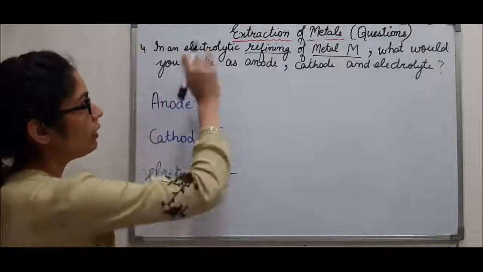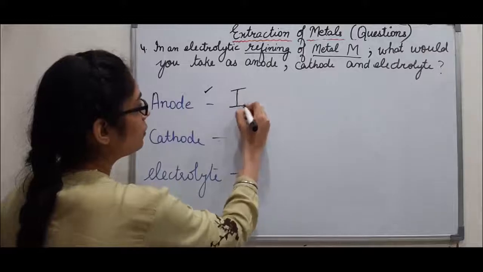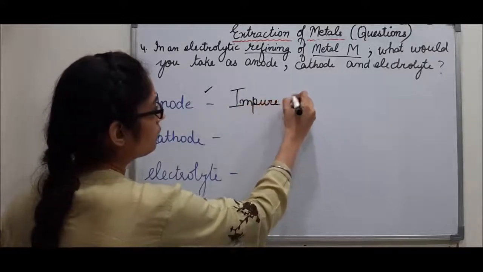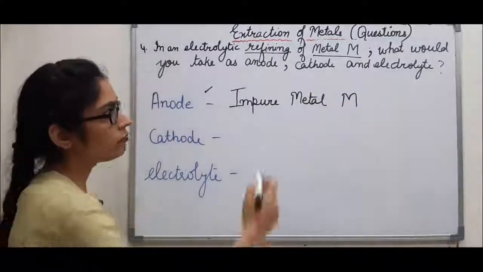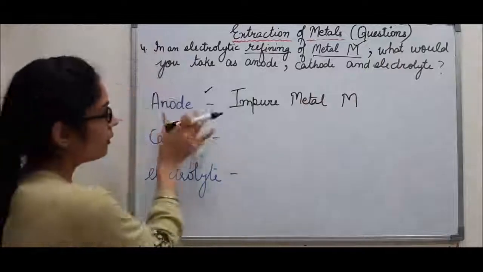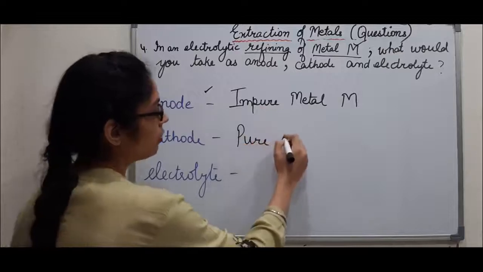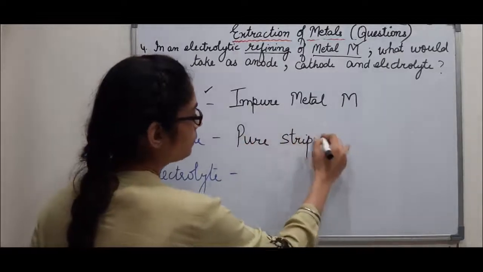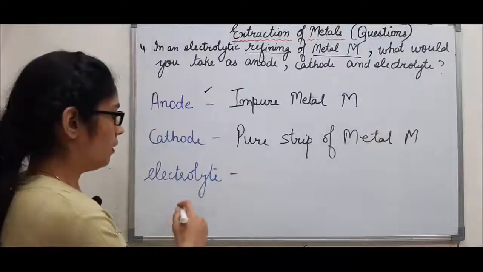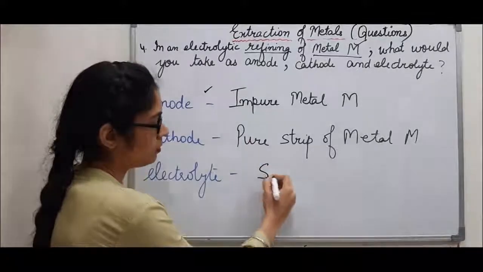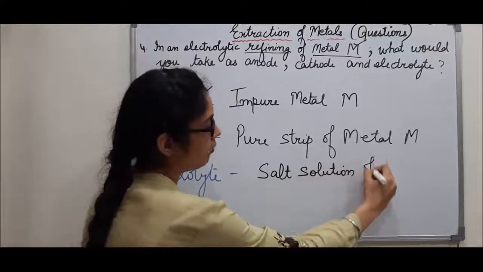In electrolytic refining, we take the anode as impure metal, so you can write impure metal M, because they have just mentioned any metal M. The anode will be impure metal M, the cathode is a pure strip of metal M, and the electrolyte is a salt solution of metal M.